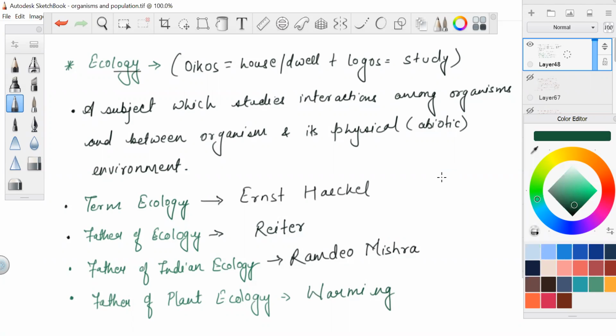What are those levels? Organism, population, community, and one more? Biome. Good.